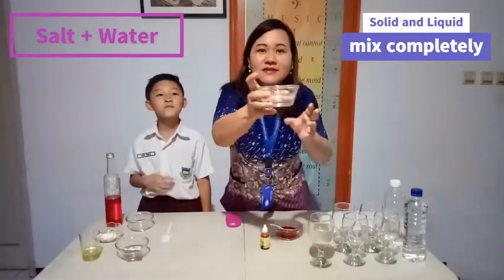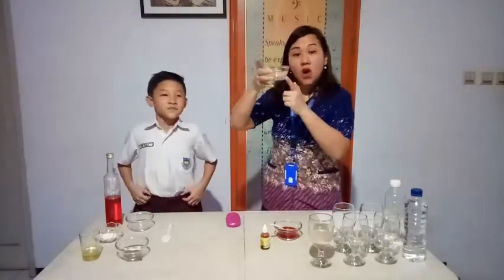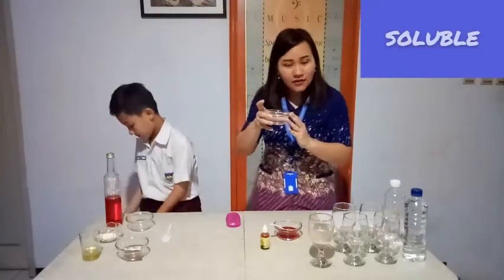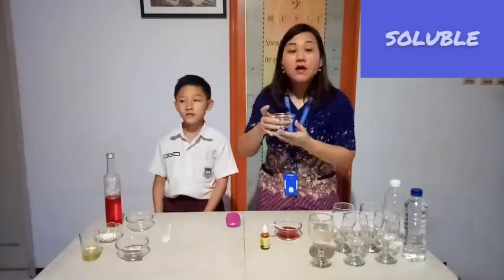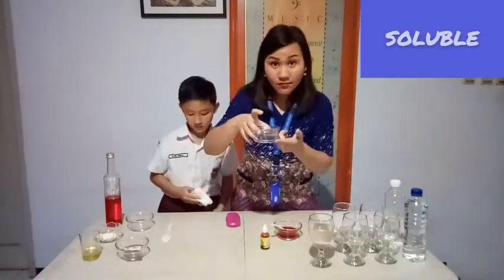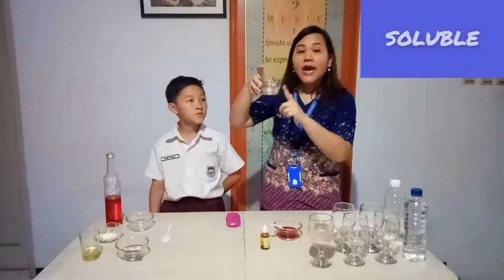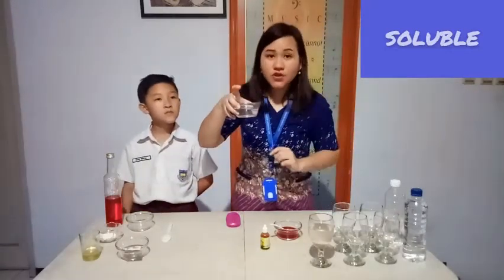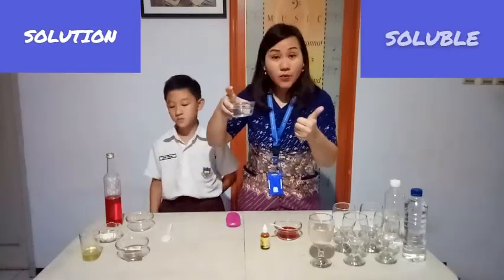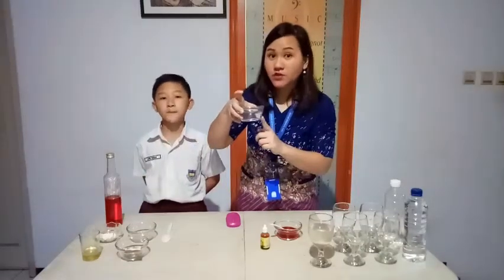Here, you can see that the salt is soluble in water. It means the salt dissolves completely in water. The liquid that is formed is clear or transparent. We call this a solution. So soluble, solution, you can also check in the science glossary.